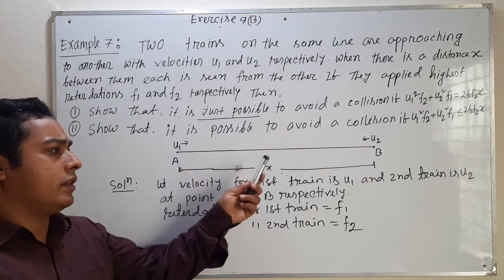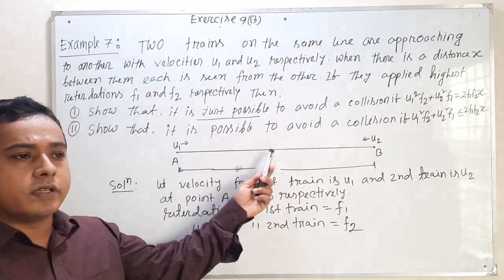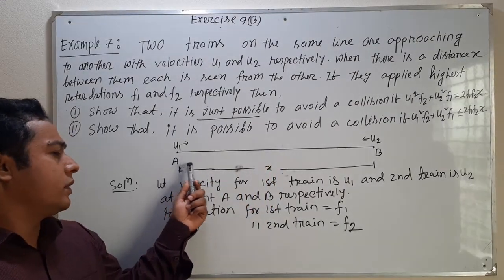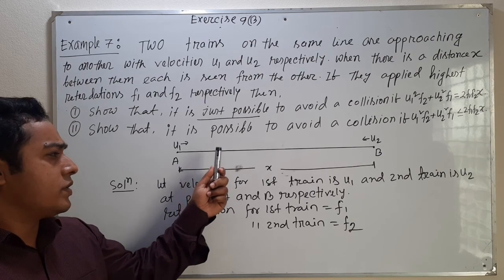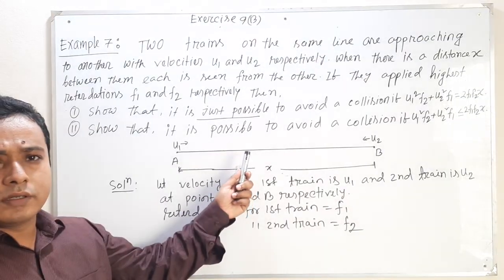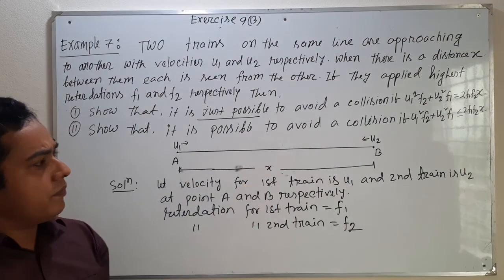For both of them the final velocity will be 0, because they will stop at some point to avoid the collision.